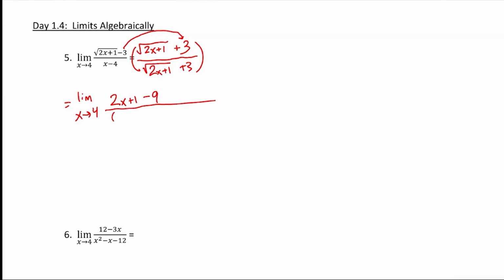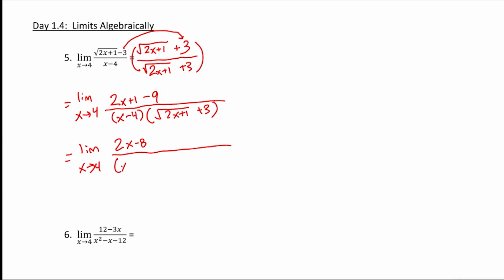Now the denominator, I'm not even going to mess with. What I'm trying to do here, my whole goal is to cancel out that x minus 4 so that I can successfully use direct substitution. And so you can see how that numerator is going to simplify. 1 minus 9 is negative 8. So you have 2x minus 8 on the top. Everything else on the bottom will remain the same.